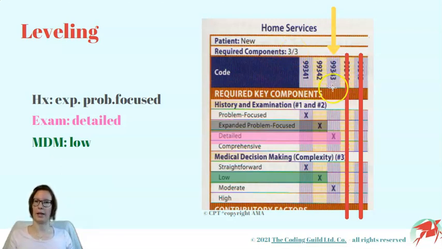Unfortunately, this code must be X'd out as well. 99342 looks much better. The history element reaches it, the exam element exceeds it, and the MDM again reaches it. Meaning that 99342 met the requirement, and this is our final answer to the question.